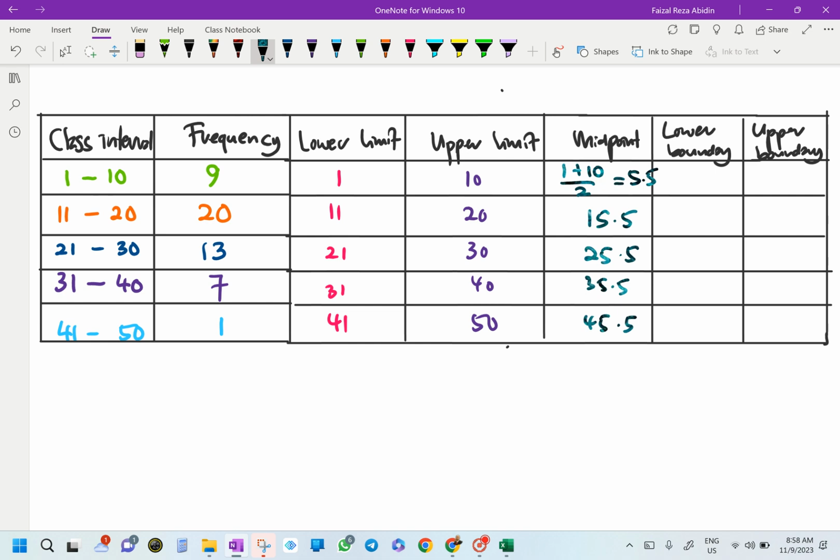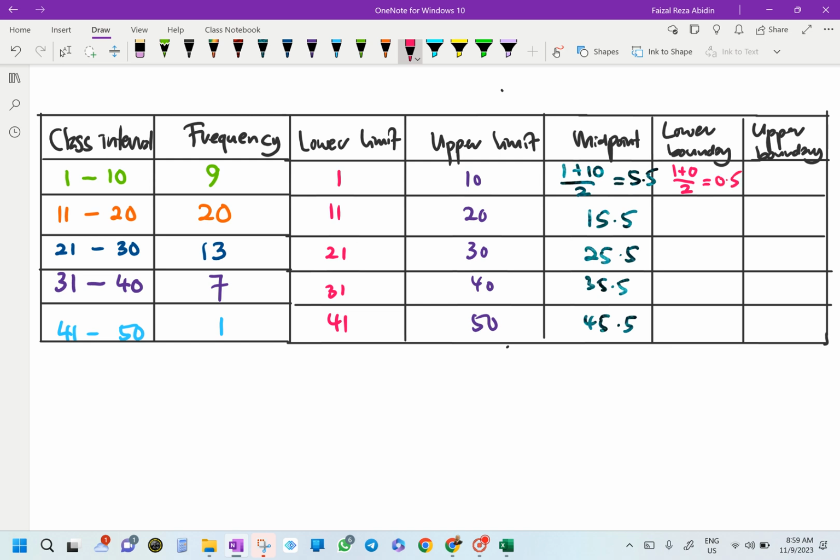Lower boundary. If you look at our lower limit there, 1. Before 1 is what? 0. You are going to get 1 plus 0 or 0 plus 1, then divide by 2. 0.5.